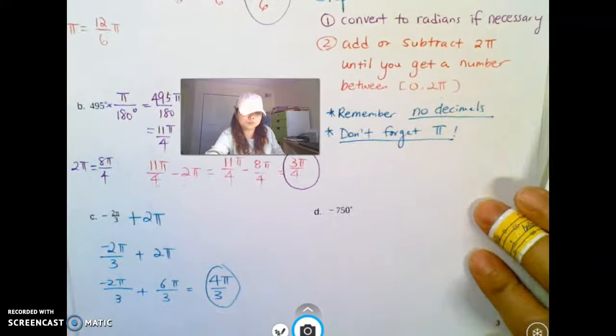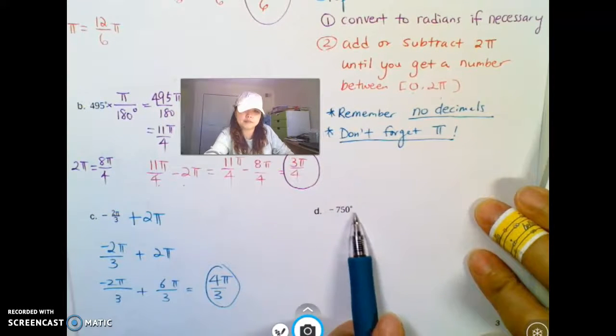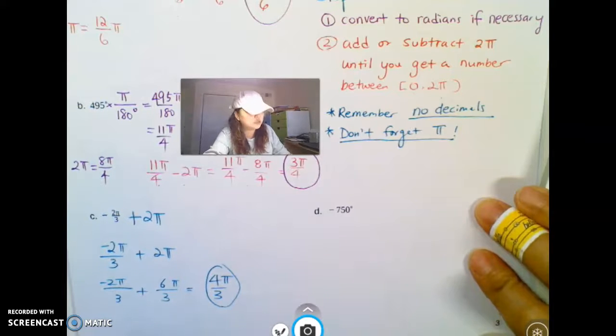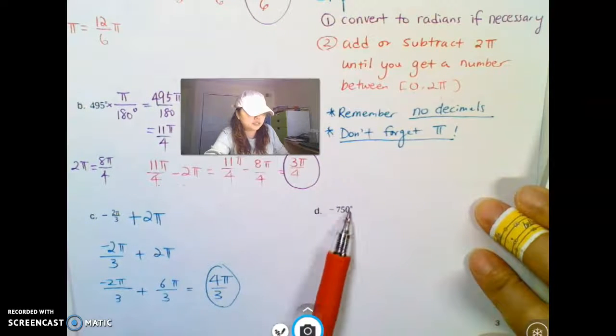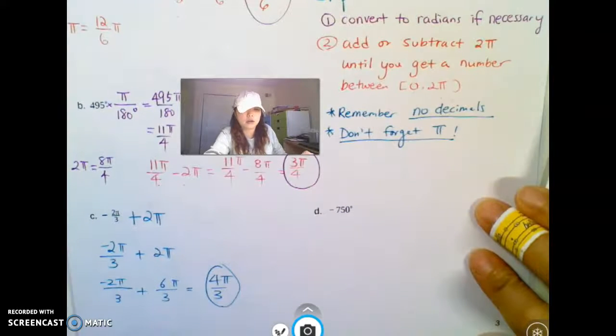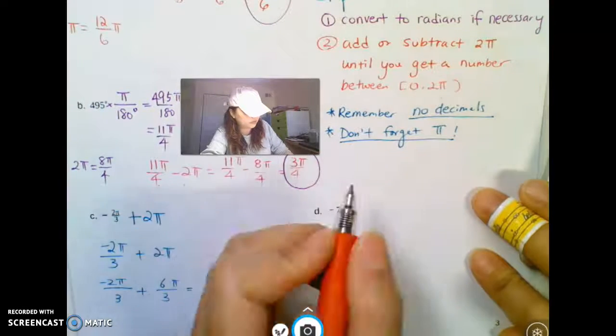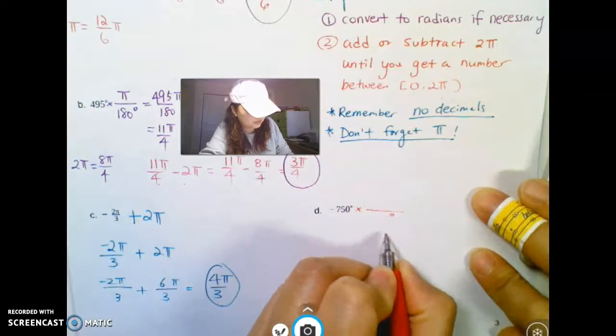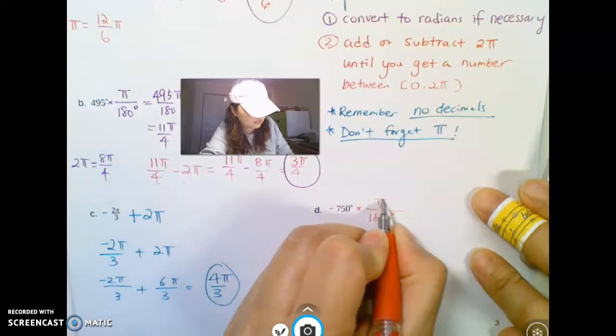One more. Negative 750 degrees. That is a really small number, right? So we're going to add, but is this radians? No, we have to convert to radians first. Degrees, we want to get rid of, so I'm going to put degrees at the bottom. 180 degrees is pi.